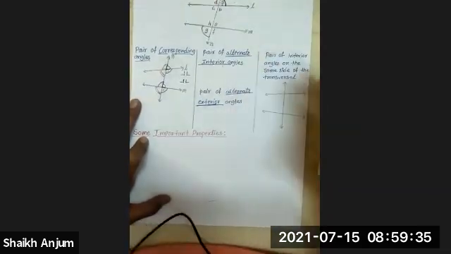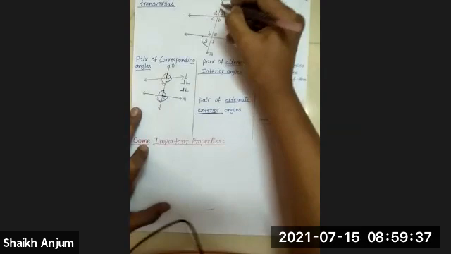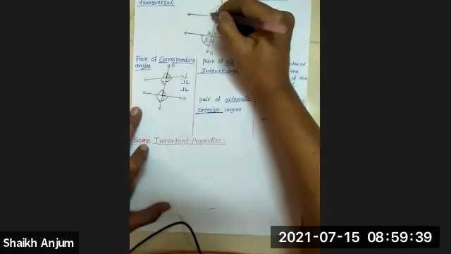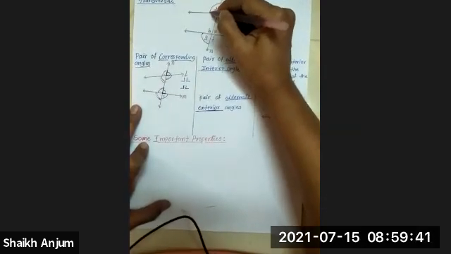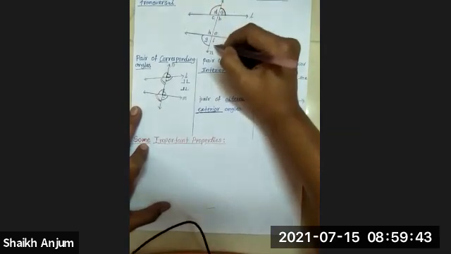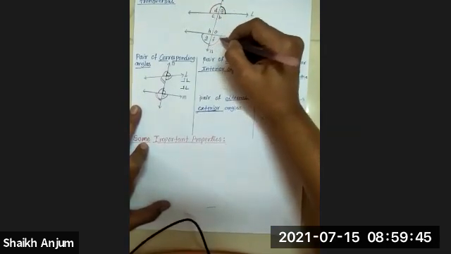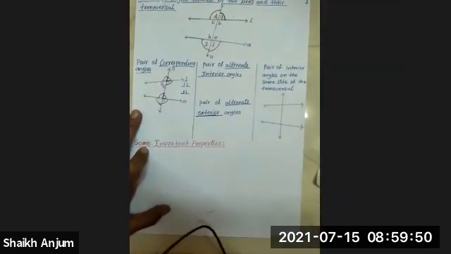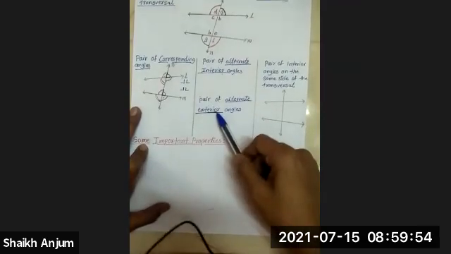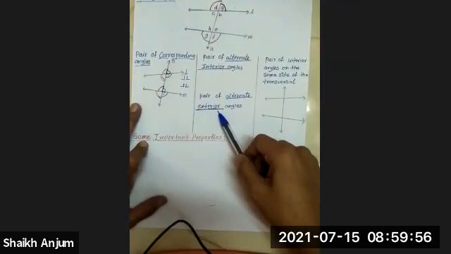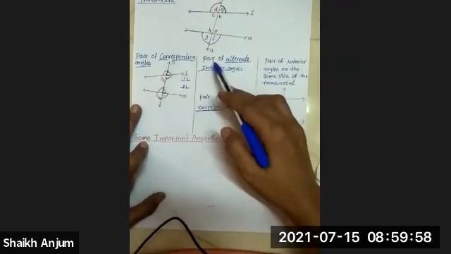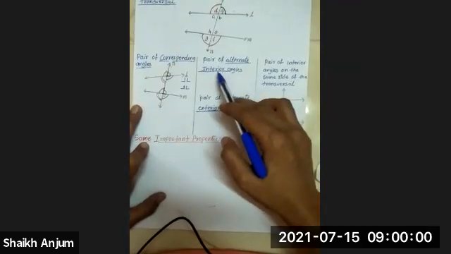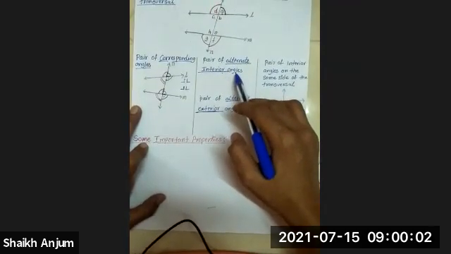Okay, second one you can also take. If that will be one angle, the second pair of this angle will be this one. These two are the pair of alternate exterior angles. Now next is pair of alternate interior angles.